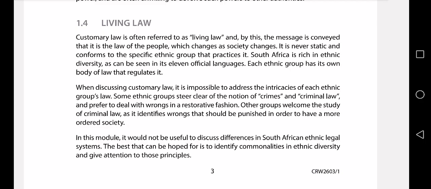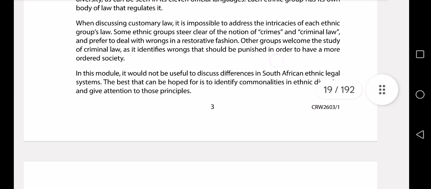It is never static and conforms to the specific ethnic group that practices it. South Africa is rich in ethnic diversity, as can be seen in its 11 official languages. Each ethnic group has its own body of law that regulates it.